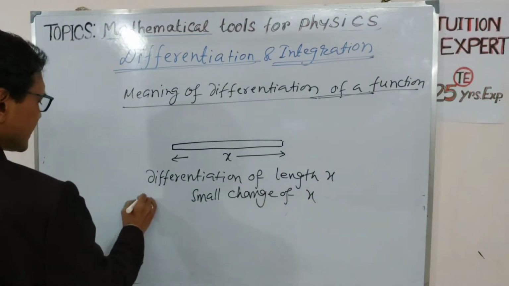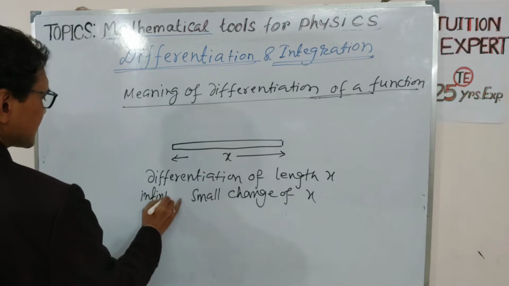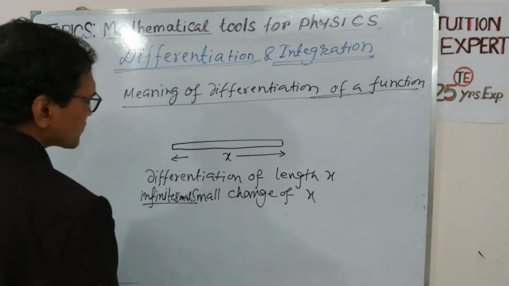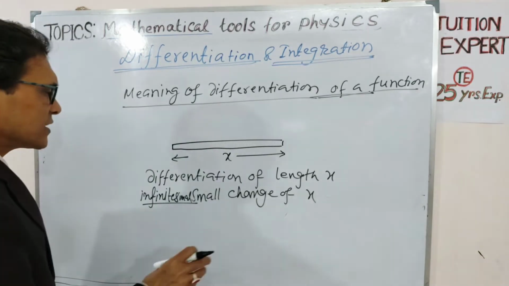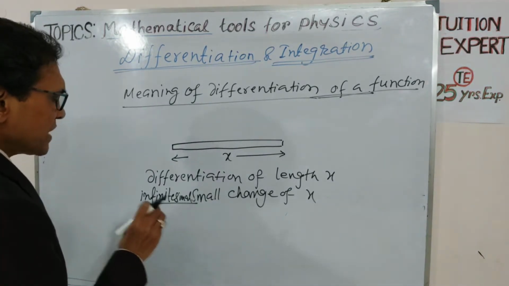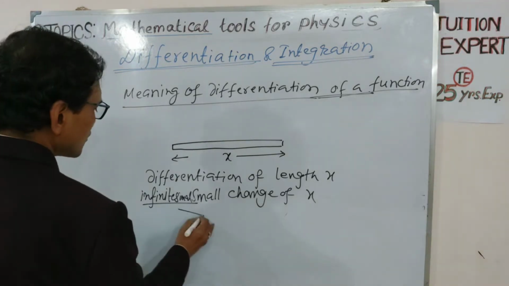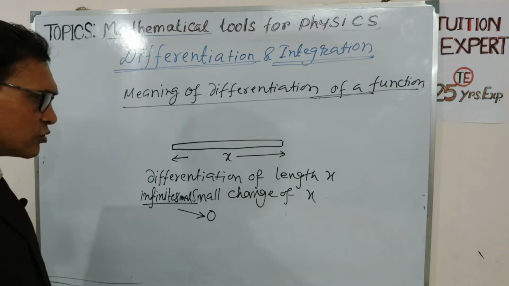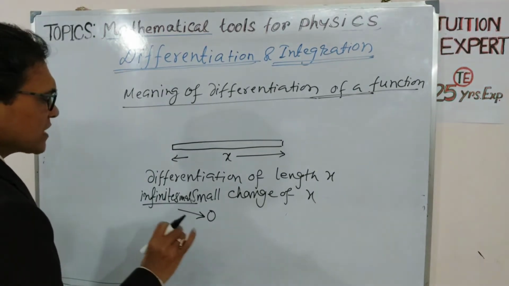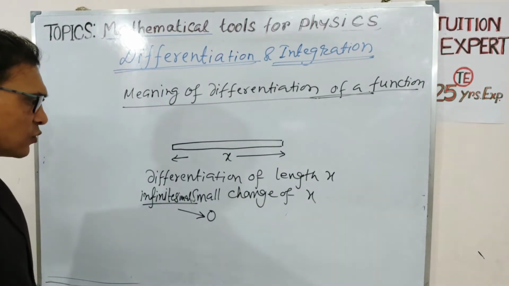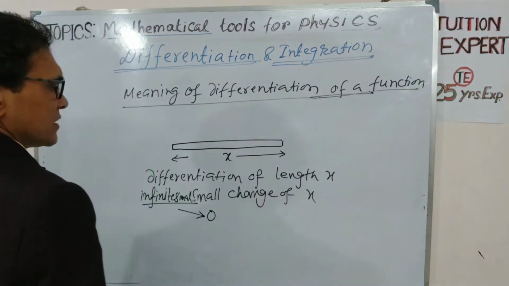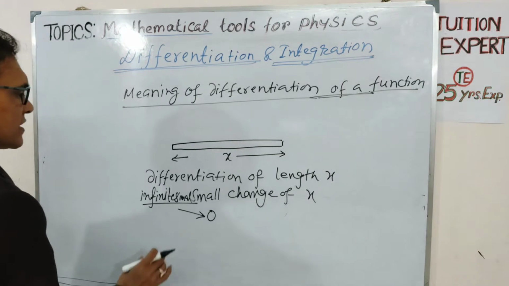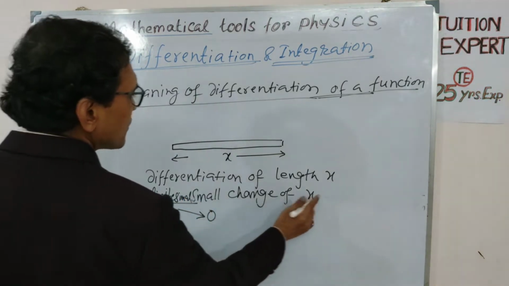This small change is infinitesimally small, that means a very, very small quantity that tends to 0, almost 0 but not equal to 0. So differentiation of length x means an infinitely small change of x.